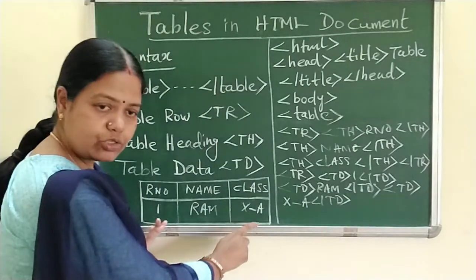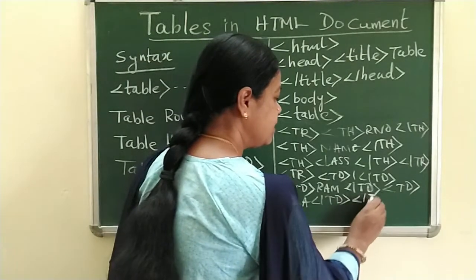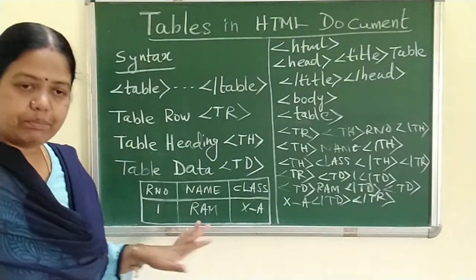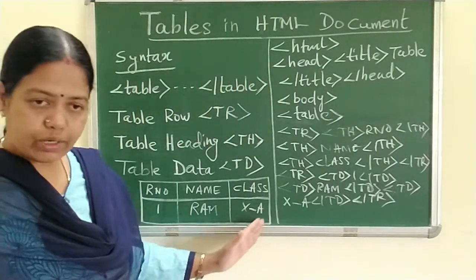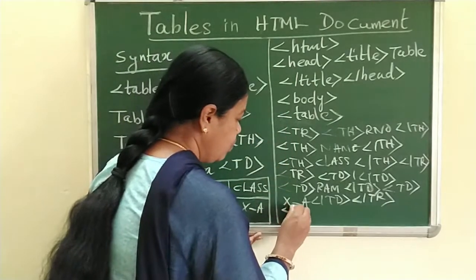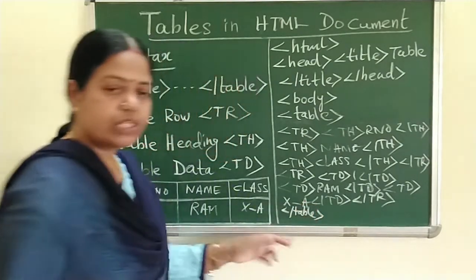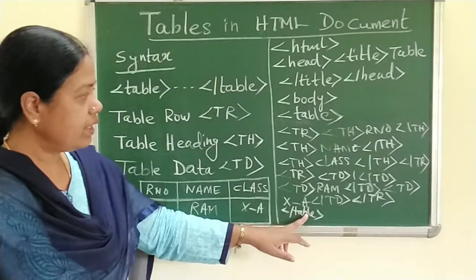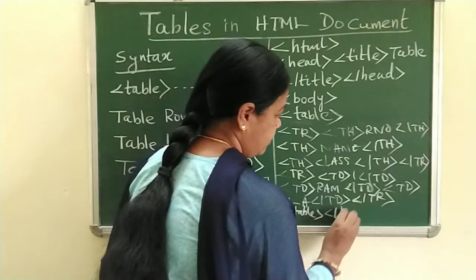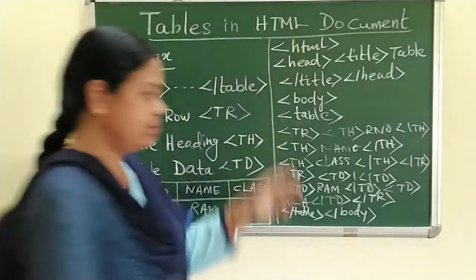Now the second row also we have completed. Then close the table row /tr. Now both the rows are completed. Now the table got over. So close the table. Then close the body tag. And then close the HTML.